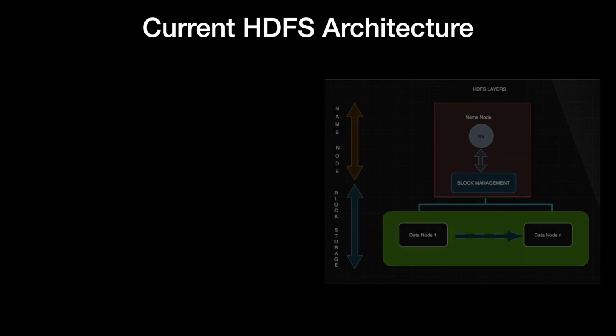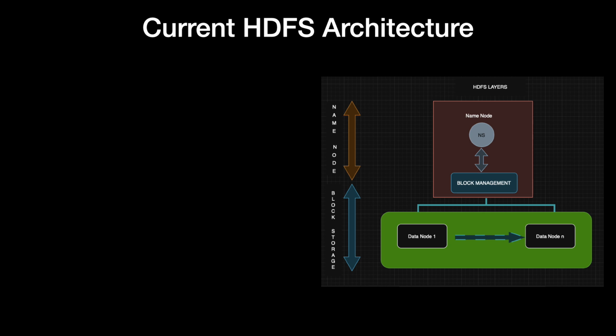Let's see what the current HDFS architecture looks like. It has two major layers: one is the namespace, and another is block storage.